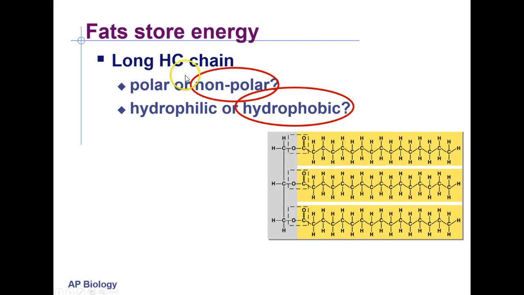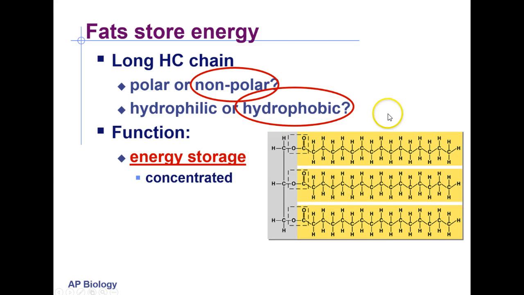This is a reason why fats do not mix well with water. They're called hydrophobic, water-hating. That's why if you're going to wash something that's fatty, you're going to have to add some detergent. Again, all these carbons and hydrogens, all the energy stored in these bonds, this is very concentrated energy here.